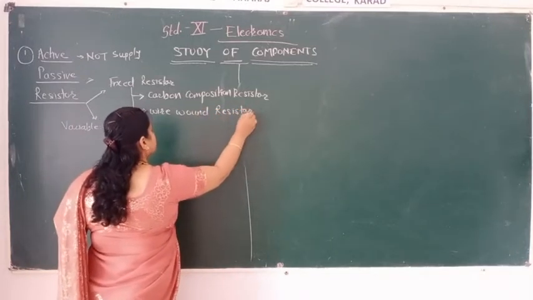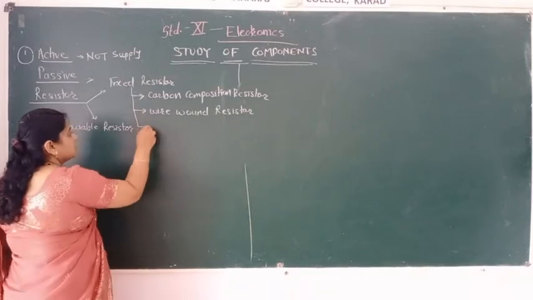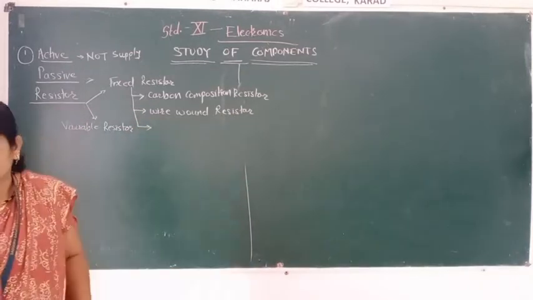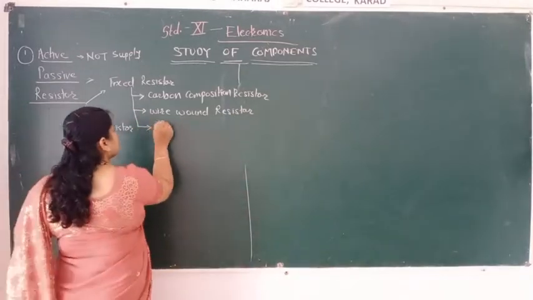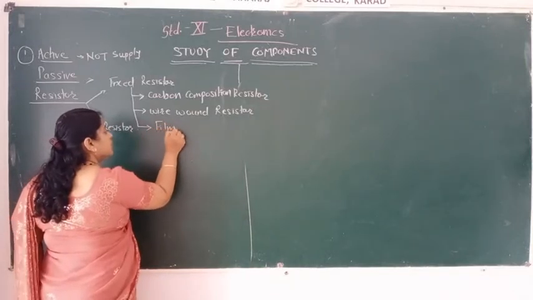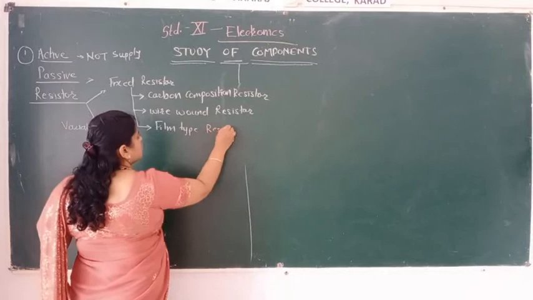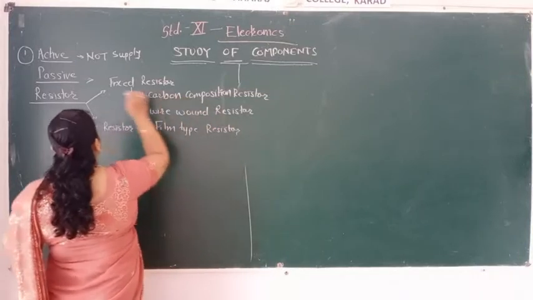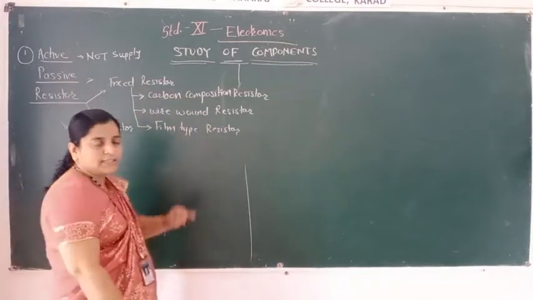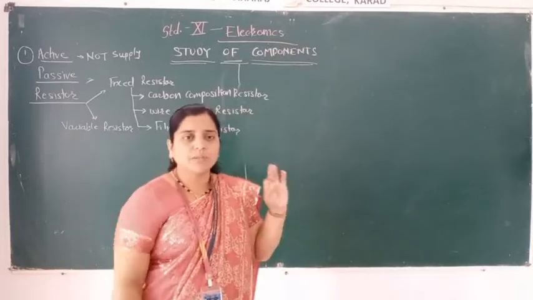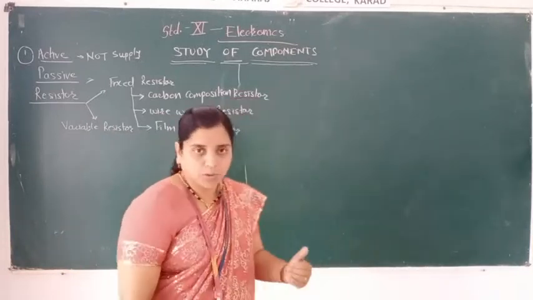And the third is the film type resistor. So our first lecture is on these points: what are active components, what are passive components, what is a resistor, and the three types of resistor.